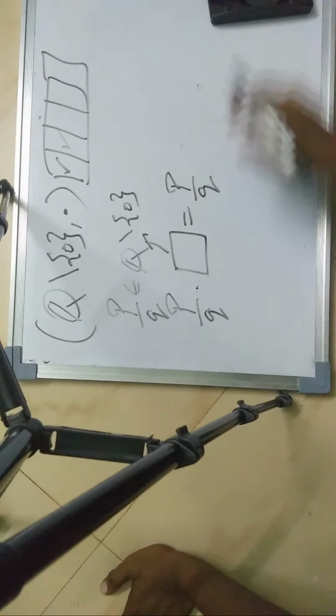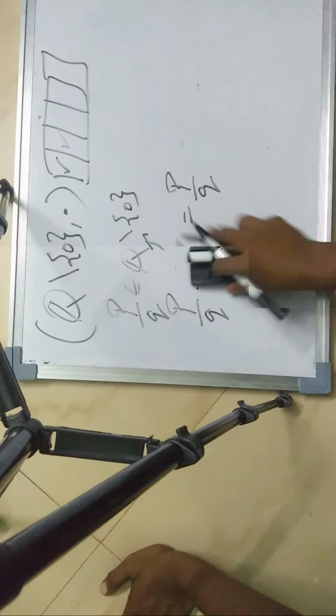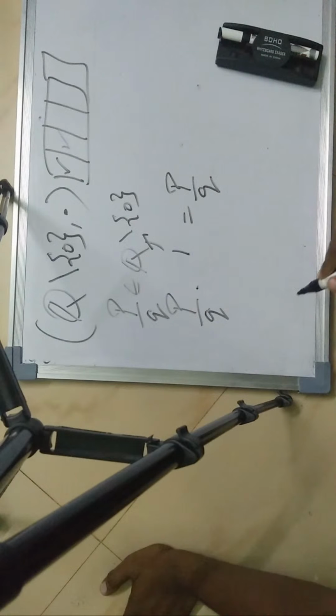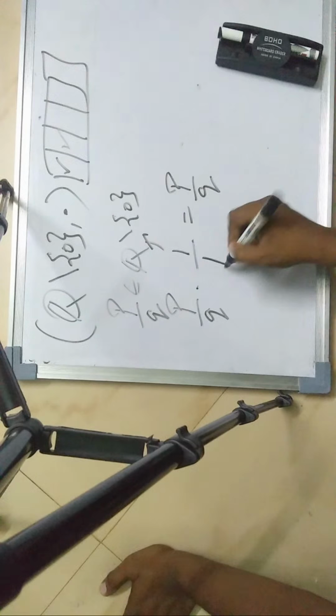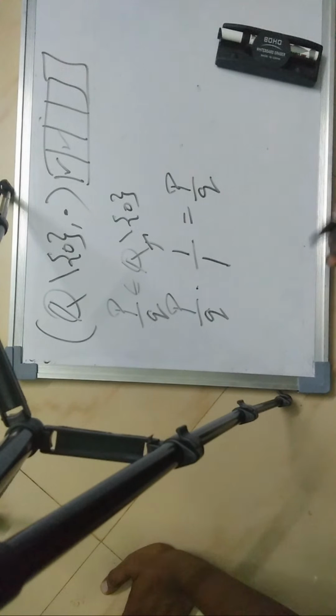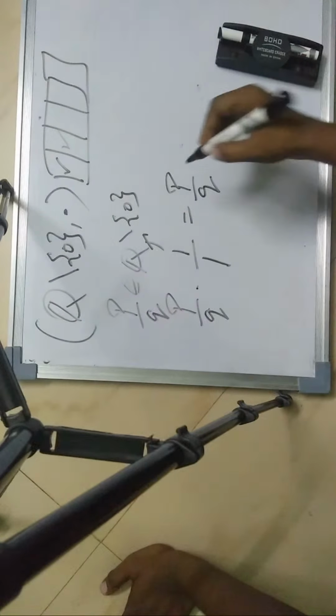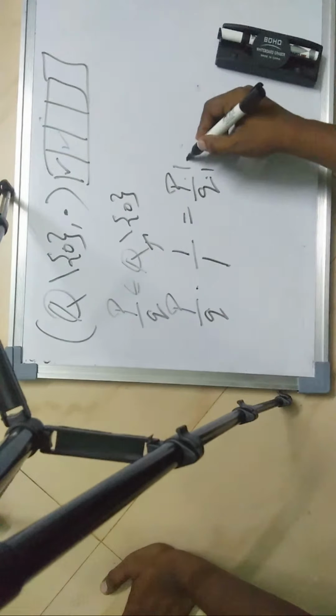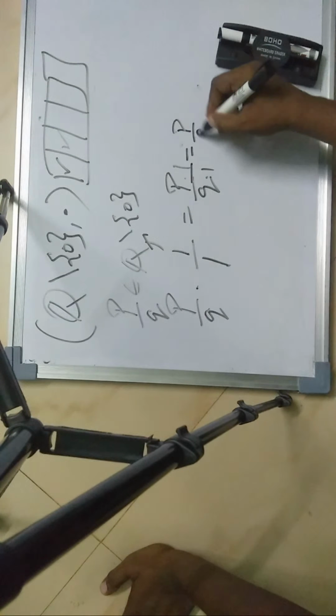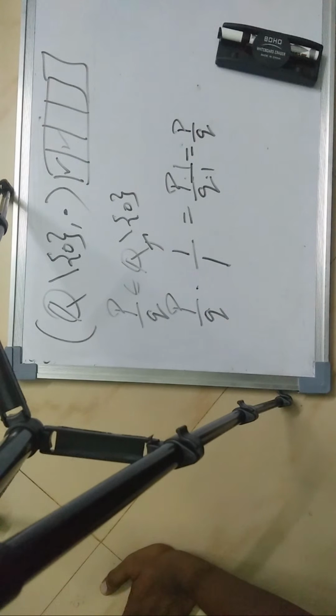So this must be a rational number. So we choose this element to be 1. Now, clearly 1 belongs to the set of all rational numbers, because 1 can be written as 1 by 1. As simple as that. So this will be nothing but p into 1 by q into 1, which is equal to p by q.